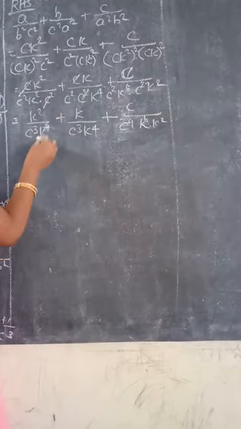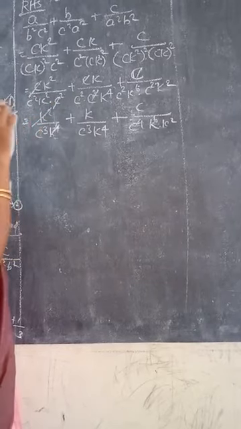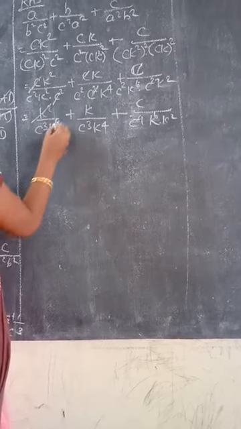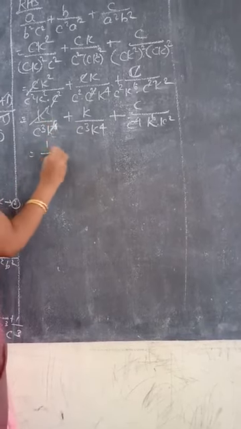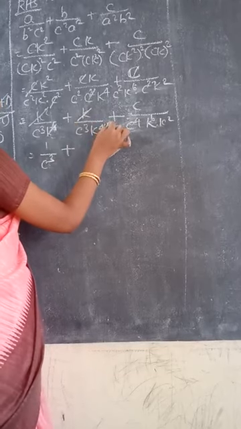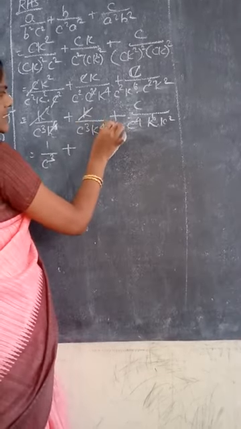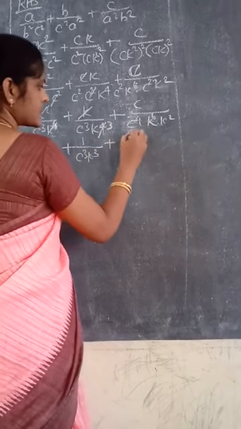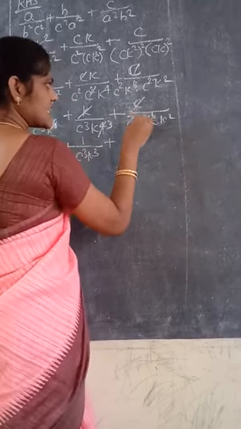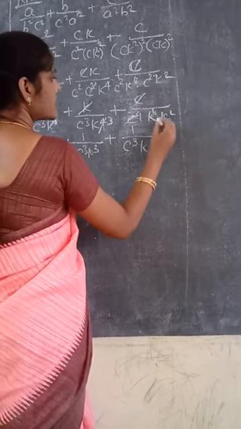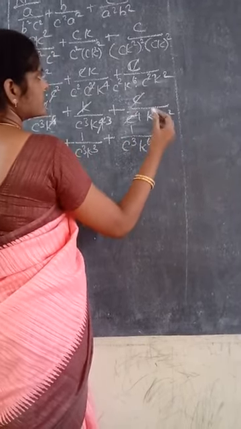Now k squared cancels, remaining we have the 6th term. So remaining 1 by c cube plus k power 4 by k power 4, so 1 k cancel, remaining 3. So 1 by c cube k cube plus here c cancel. So remaining 1 by c cube k power 6.